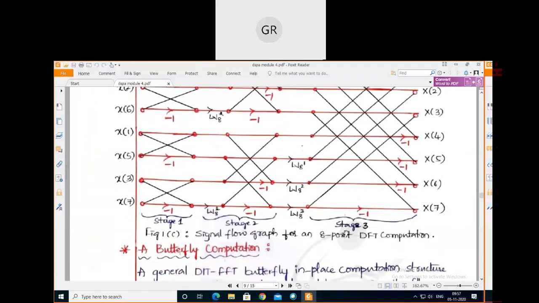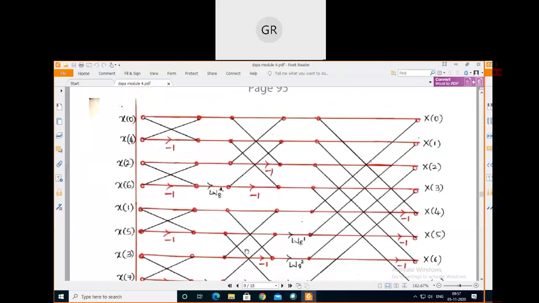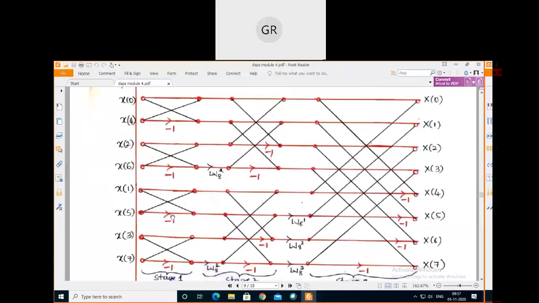See here, 12, right? How many stages? Just remember, in each stage 4 butterflies. If it is 16, how many butterflies in each stage?